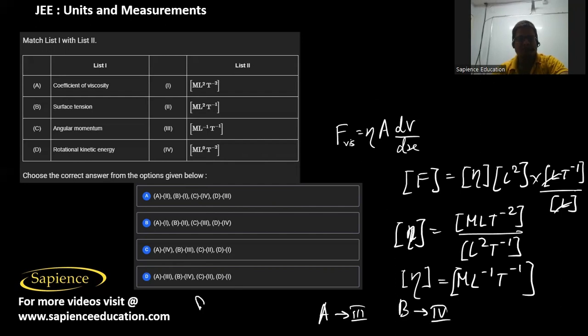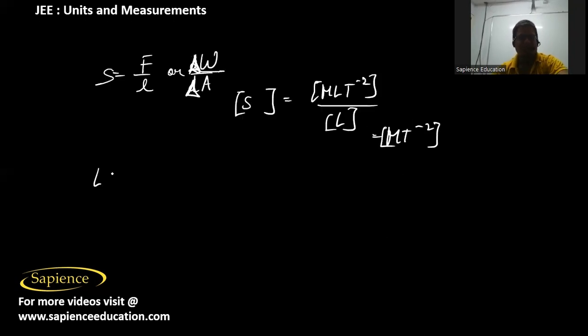So obviously option D should be the correct answer, but still we can check. So part C is angular momentum. We can call it L1, suppose. So angular momentum is r into p.